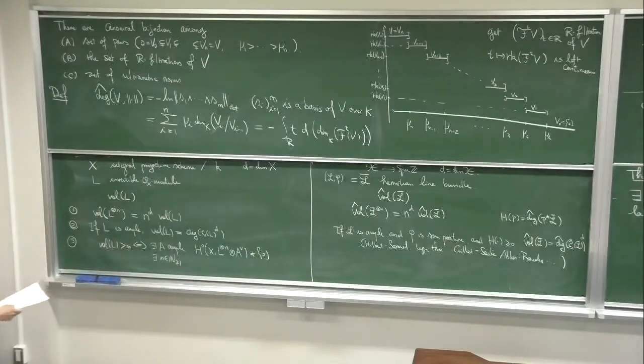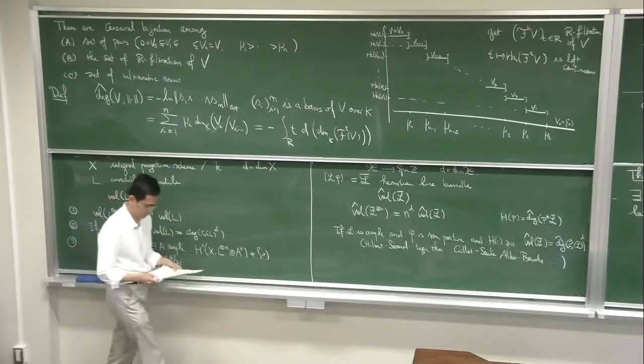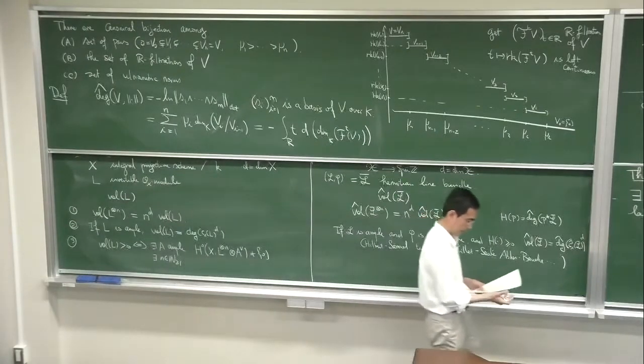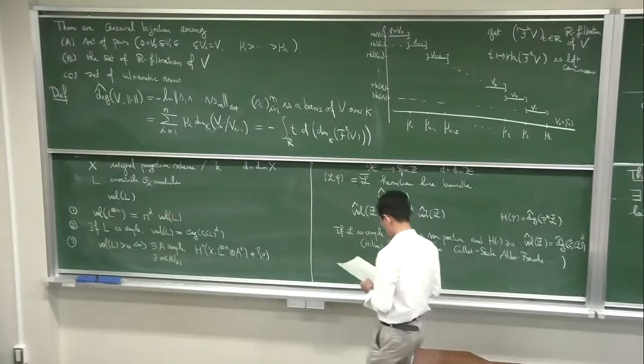So you can find inside some power of your line bundle something which is larger than an ample line bundle.